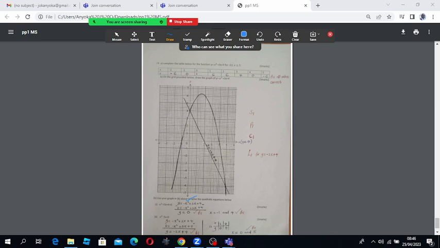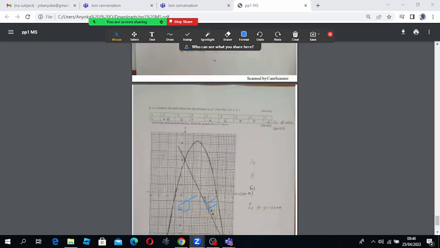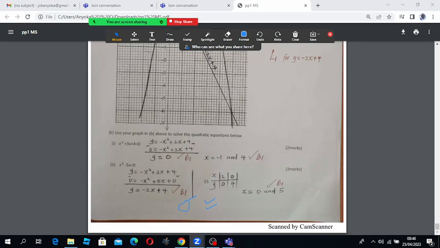So we subtract the function that we used to draw the graph minus the equation we are solving. Then you observe whether, if you subtract, you are going to get the value of x squared 0. That's our interest, to get the value of x squared 0.